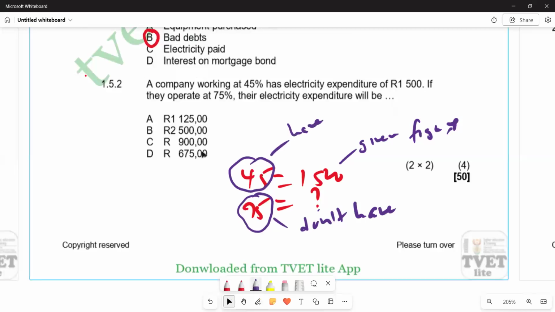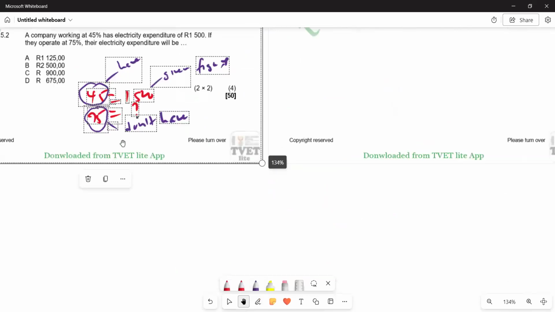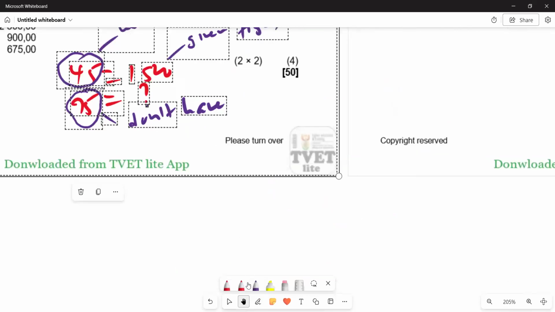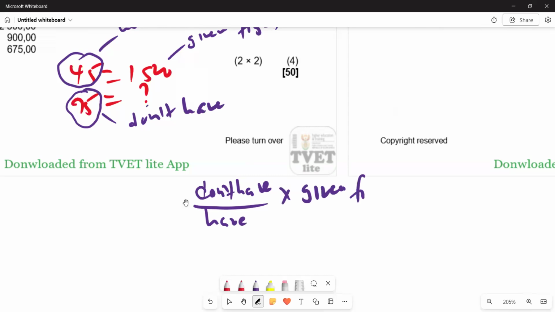So given it like that, you can now calculate it in such a way that you will be saying what you don't have becomes your numerator, and what you have becomes the denominator, then you multiply by the given figure over 1.